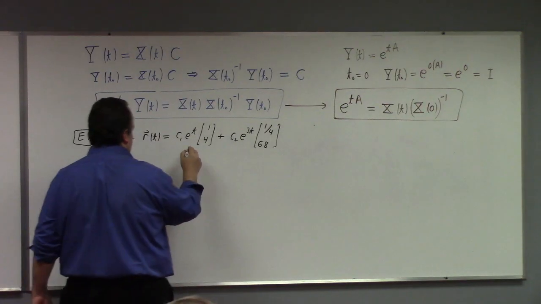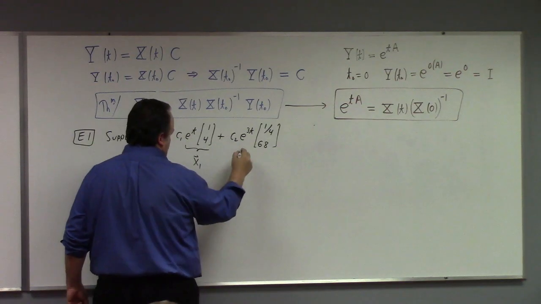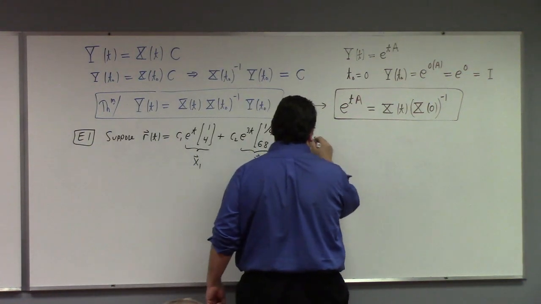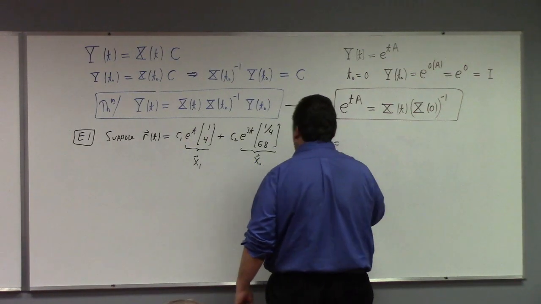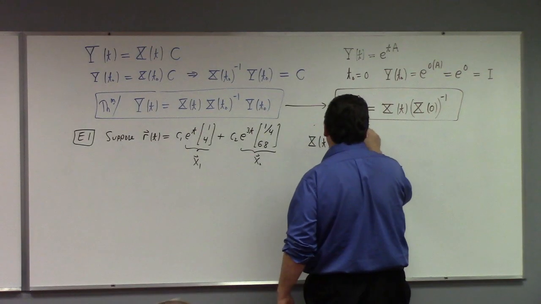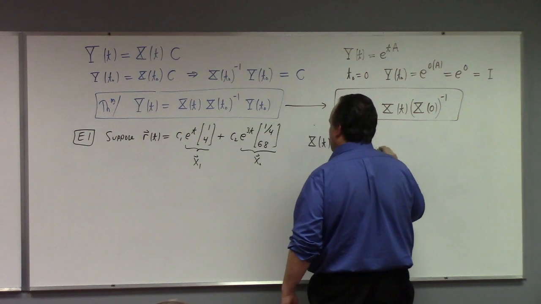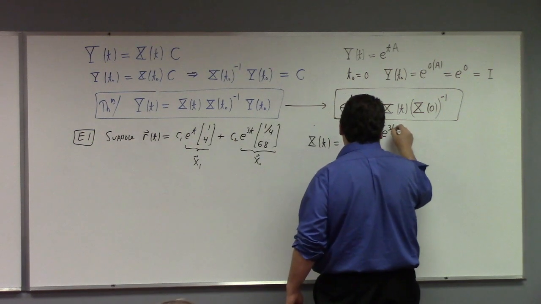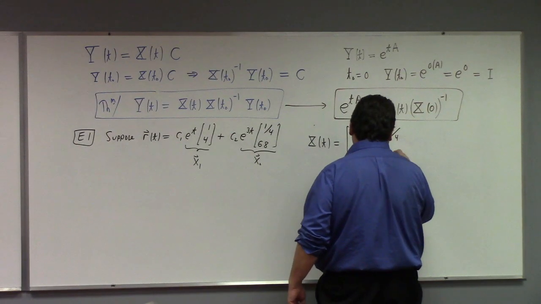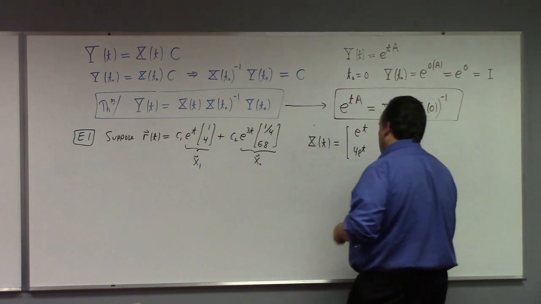So in other words, this is my x1, and this is my x2. So I can form a fundamental solution matrix here: e to the t, 4 e to the t, e to the 3t over 4, and 68 e to the 3t.